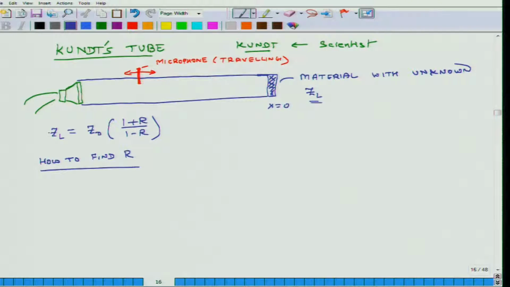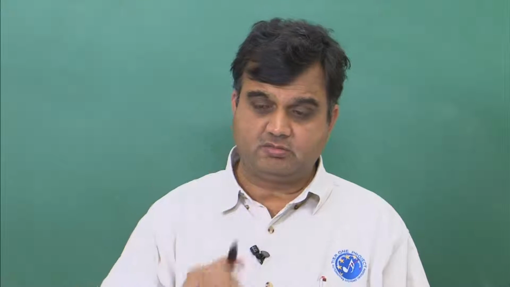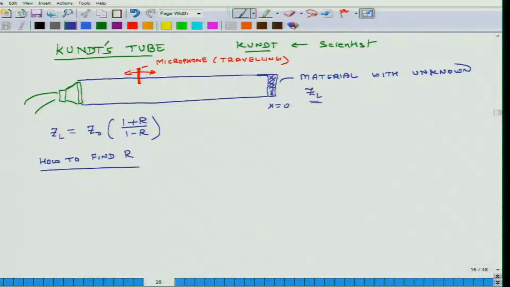Now ZL can be a complex entity because this specific characteristic impedance, as we had discussed and defined, is the ratio of the complex amplitude of pressure and the complex amplitude of velocity. Whatever is the complex amplitude of pressure at x equals 0 and the complex amplitude of velocity at x equals 0, if we take the ratio we will get ZL. What that means is that ZL and R are complex entities. They have a real part and an imaginary part.